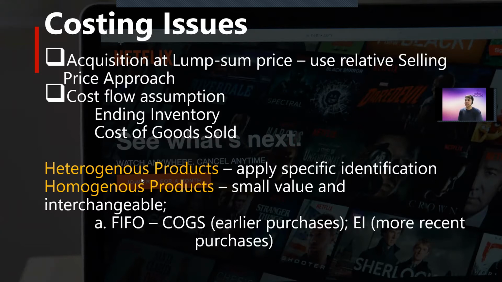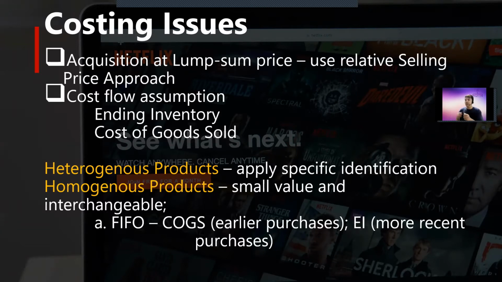When we say heterogeneous products, we can apply it specifically. So for example, valuable items like jewelry. We can actually specify it, and then we apply the specific identification method.